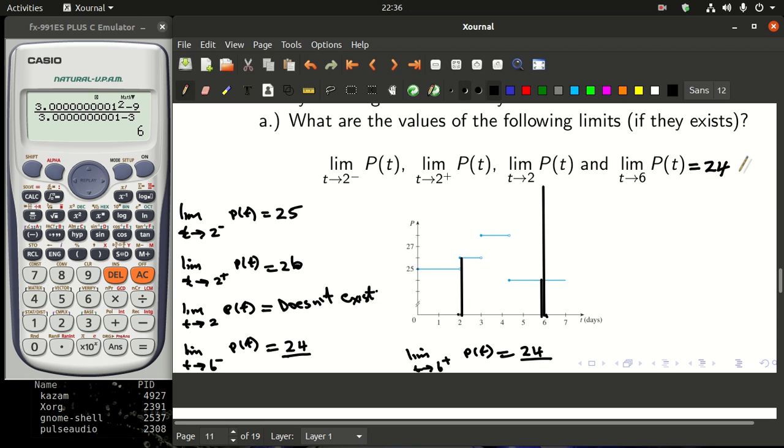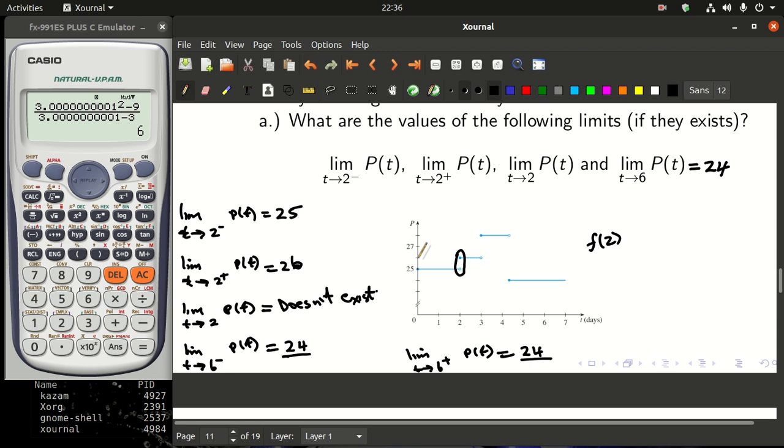Also, another thing that we can talk about here is that I want you to take note of this. The limit at this point here, you can see that the limit actually does not exist. But if I were to plug in 2, f of 2, you can see here I have a hole, but here is shaded, which means that f of 2 is that shaded value there.